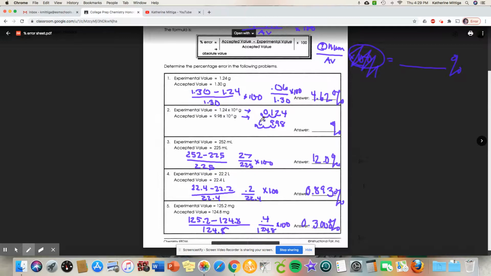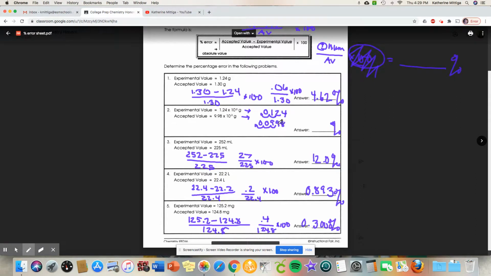So 2 eggs in the egg carton, 0.00998. Now, if you have problems with scientific notation, go back and look at those videos, those notes. This is kind of compiling 2 different processes here. Can you work with scientific notation, and then can you do percent error? The sheet is really just testing for percent error, but I want to make sure you know both.